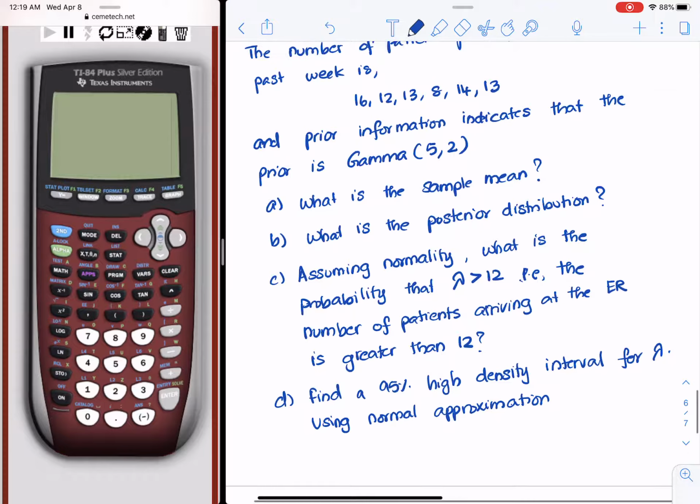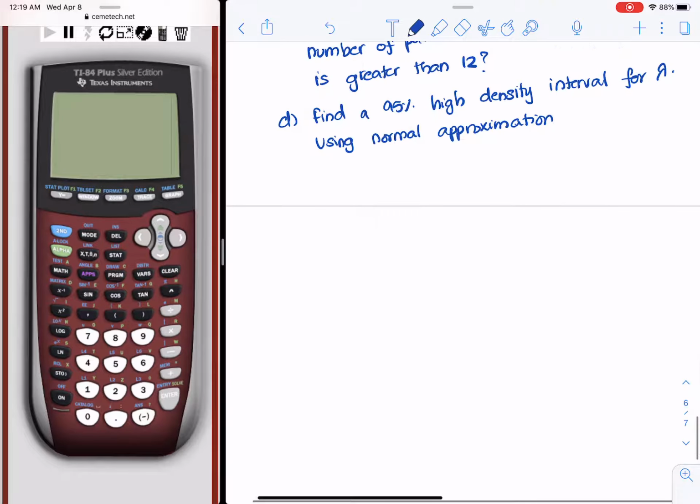So let's start with the mean. Finding the mean is quite straightforward.